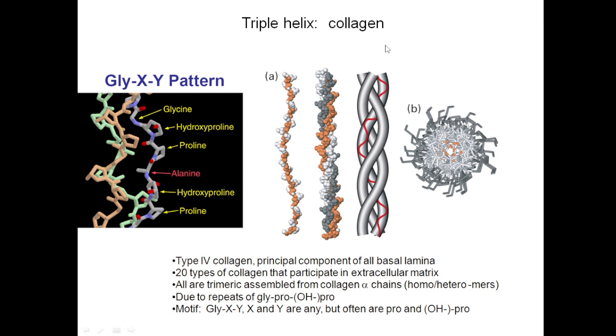Collagen is a protein which consists of three polypeptide chains associated with each other. Association between chains is by non-covalent hydrophobic interactions. The primary structure of collagen polypeptide chains is a repeated motif of glycine, proline, sometimes alanine, sometimes leucine, sometimes lysine.